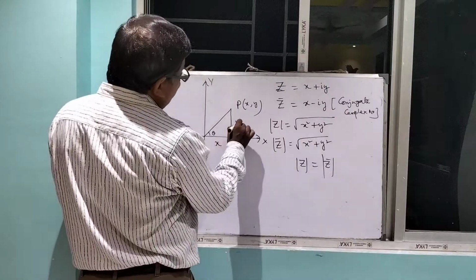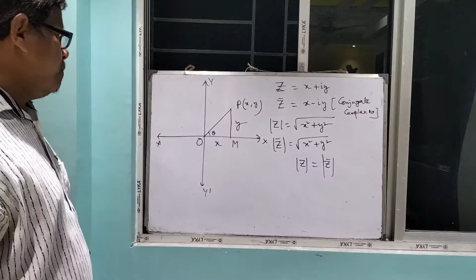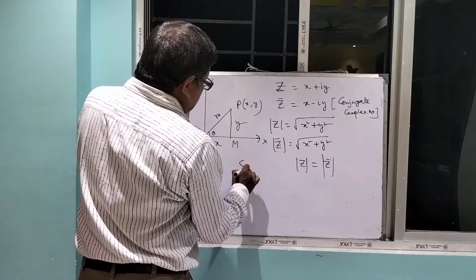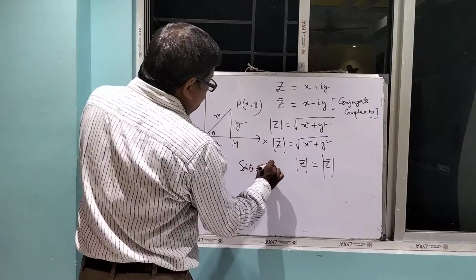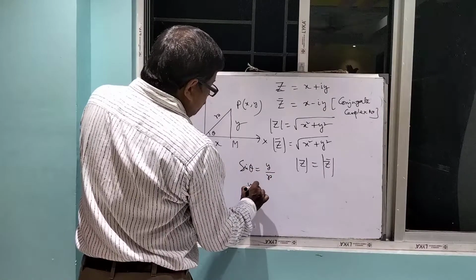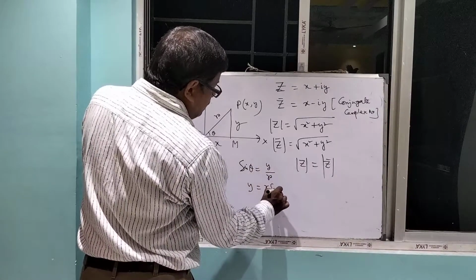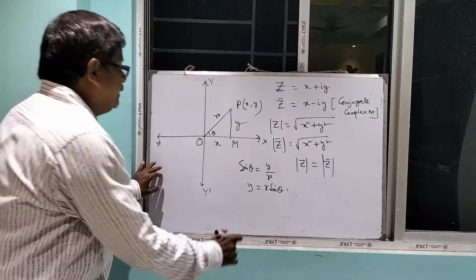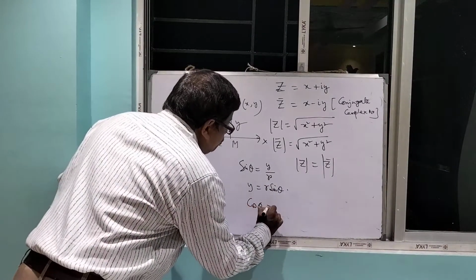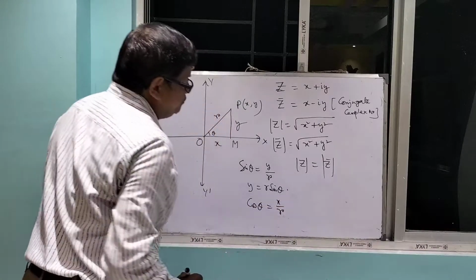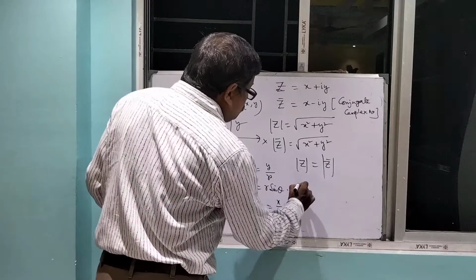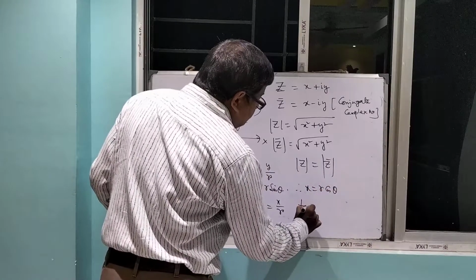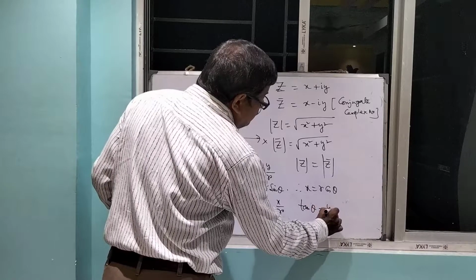This is X, this is Y, and the distance is r. So sine theta equals y by r, then y equals r sine theta. And cos theta equals x by r, then x equals r cos theta, and tan theta equals y by x.